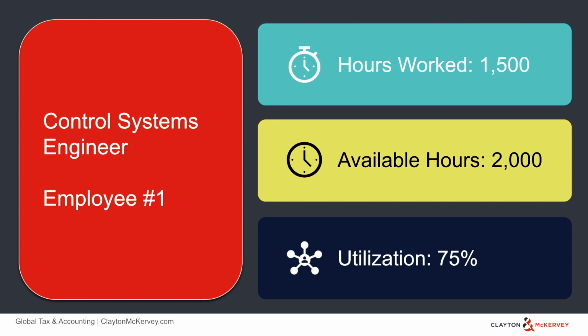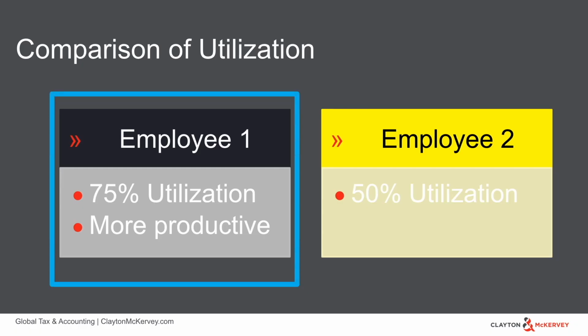Remembering the first employee who was utilized 75% of the time in comparison, what does it mean? Well, starting at the most basic level of analysis, you could say employee number one was simply more productive than employee number two because their utilization was higher. They spent more time working directly on a project that was billable to a customer.